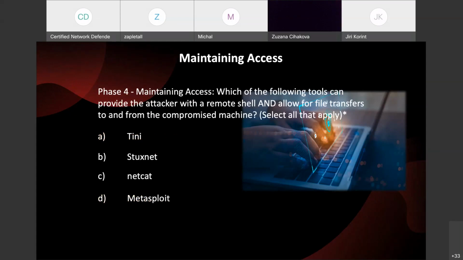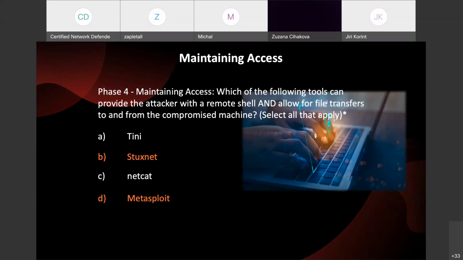Phase 4, maintaining access. Which of the following tools can provide the attacker with a remote shell and allow for file transfers to and from the compromised machine? Please select all that apply. I will give you another few seconds. Yes, we have Stuxnet and Metasploit.